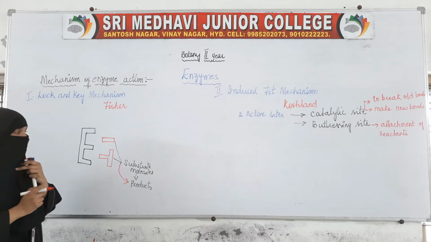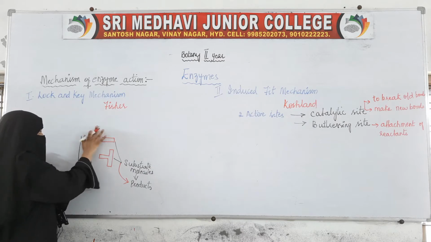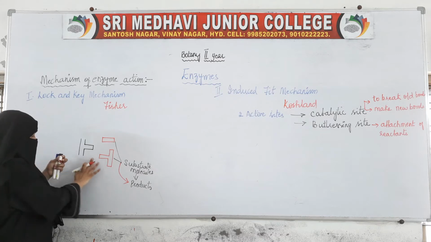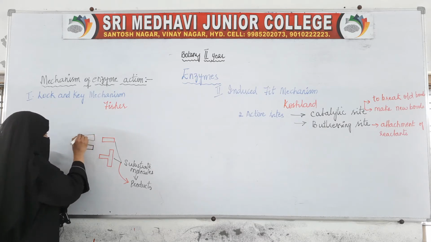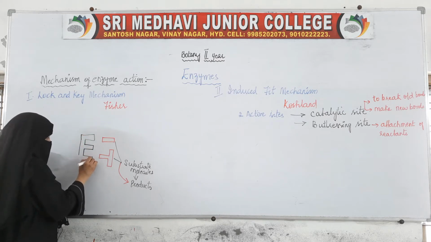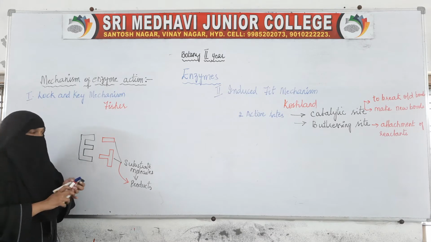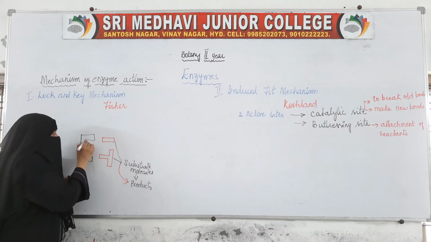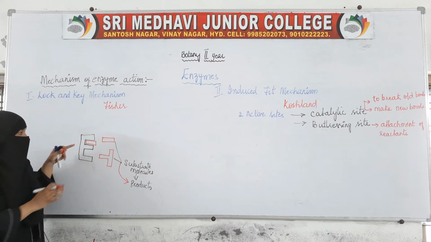So here this is the structure of enzyme. I won't draw this so broad, a little nearer. This is the structure of enzyme. So what happens? These substrate molecules will come and bind on the sites, these are the active sites in the enzymes.